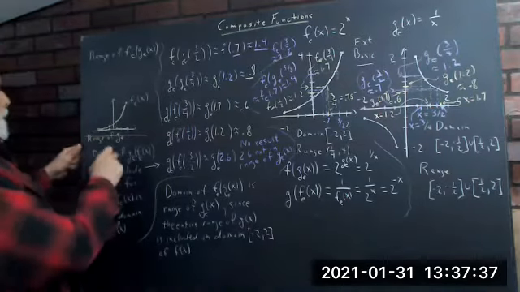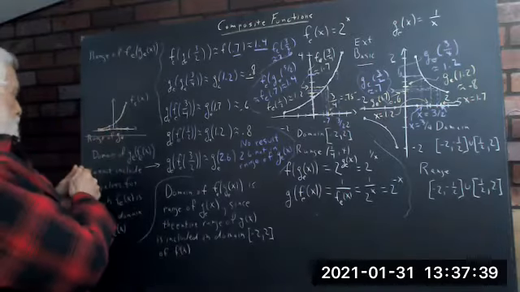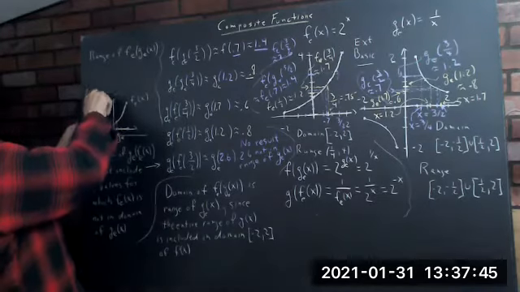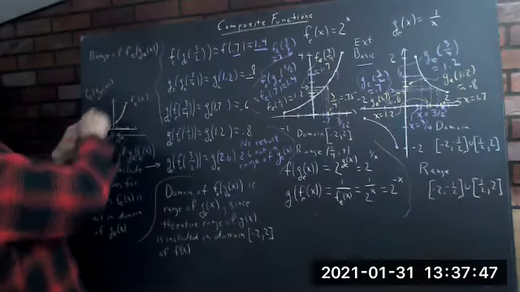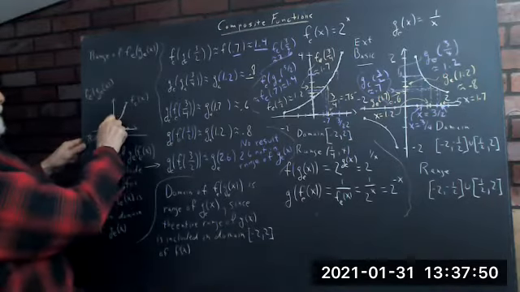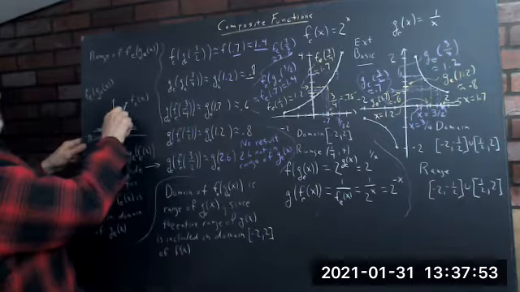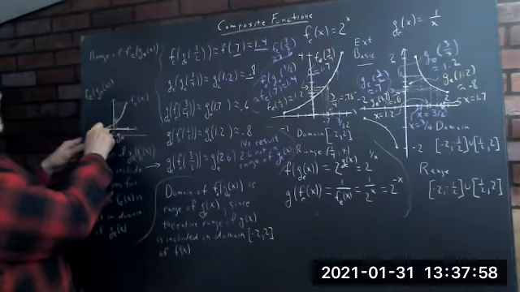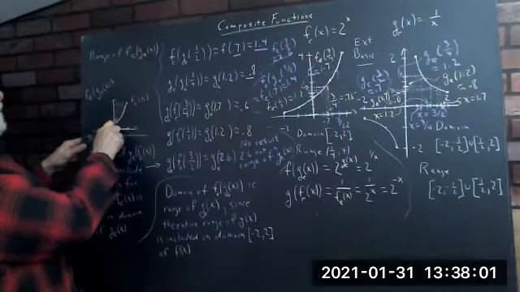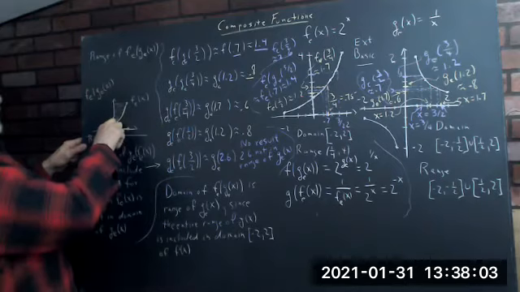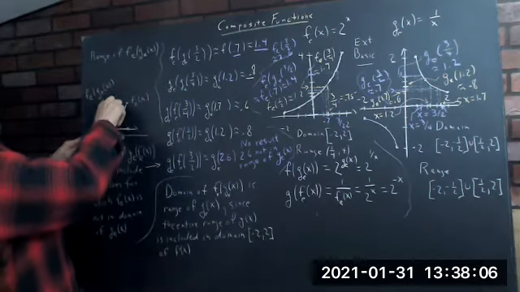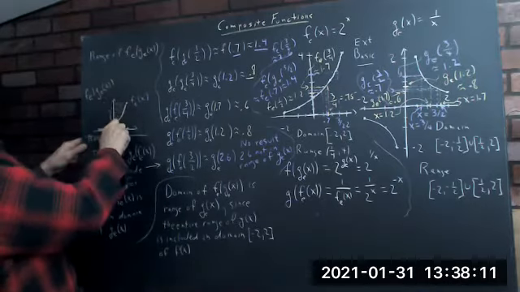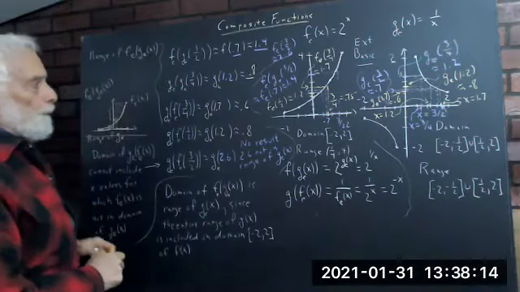So the range of f_E of g_E of x consists just of the y values that you get from these points, and from these points. So here, the range goes from here to here, and here to here. Just here, in this little segment down here.